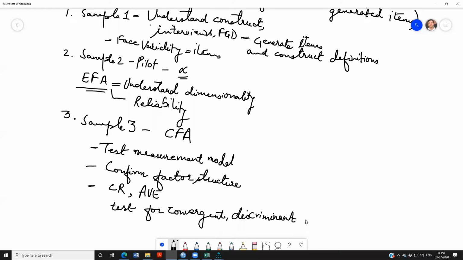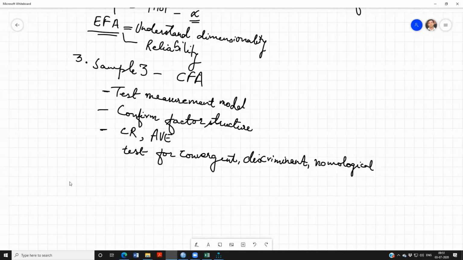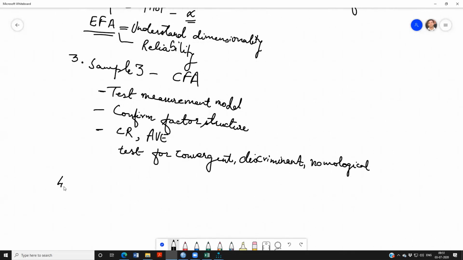Now there are some people who, like the paper that I had given you on family role performance, collect a sample number 4 also, where they check for nomological validity. But you can test nomological validity here itself, or you can decide to go to sample number 4, where you test the relationships.